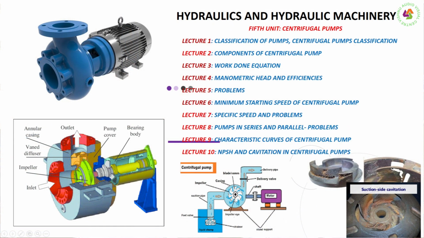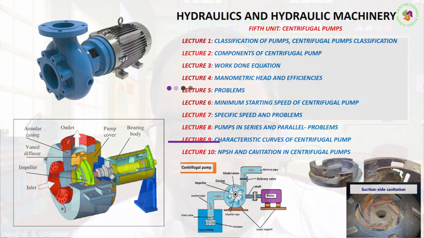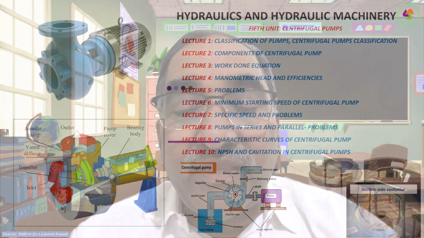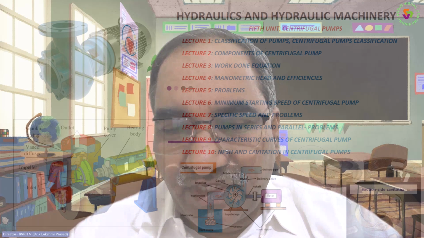What are the various components of a centrifugal pump? The various components of a centrifugal pump are: number one, impeller, a very, very important component of the centrifugal pump. Surrounding the impeller is the second component, casing.